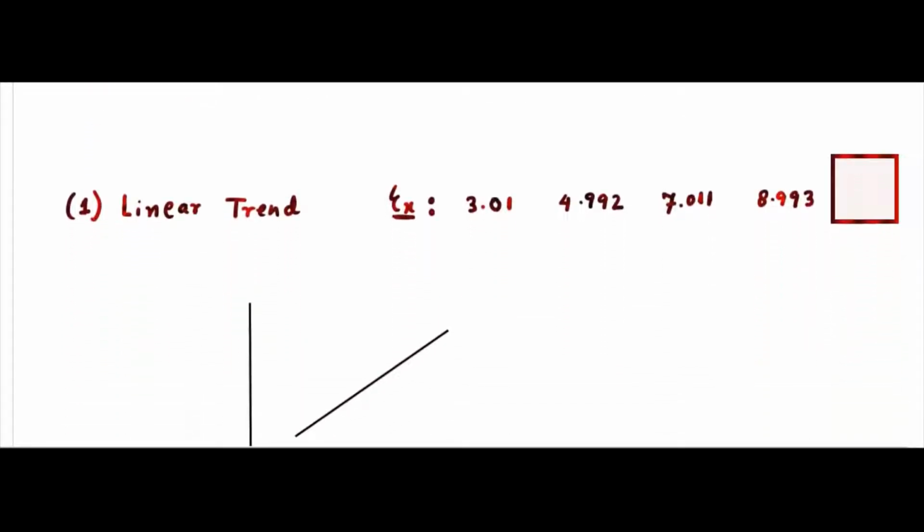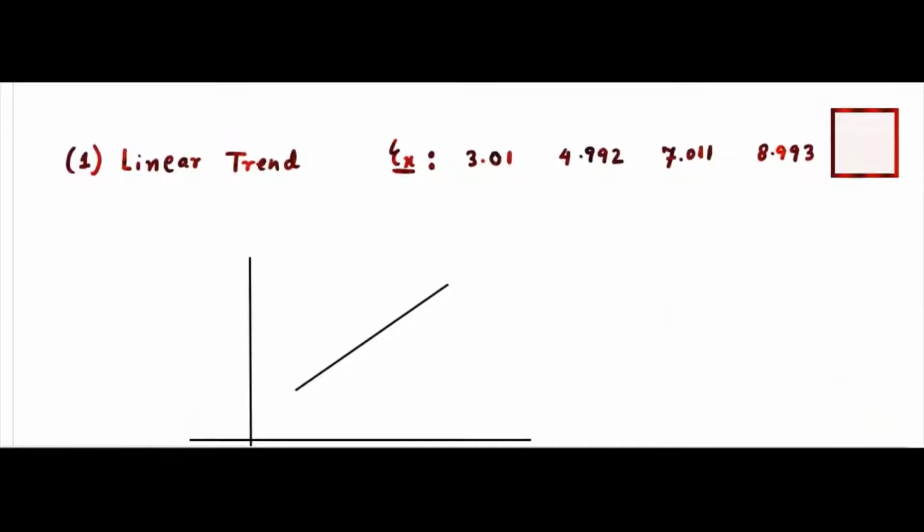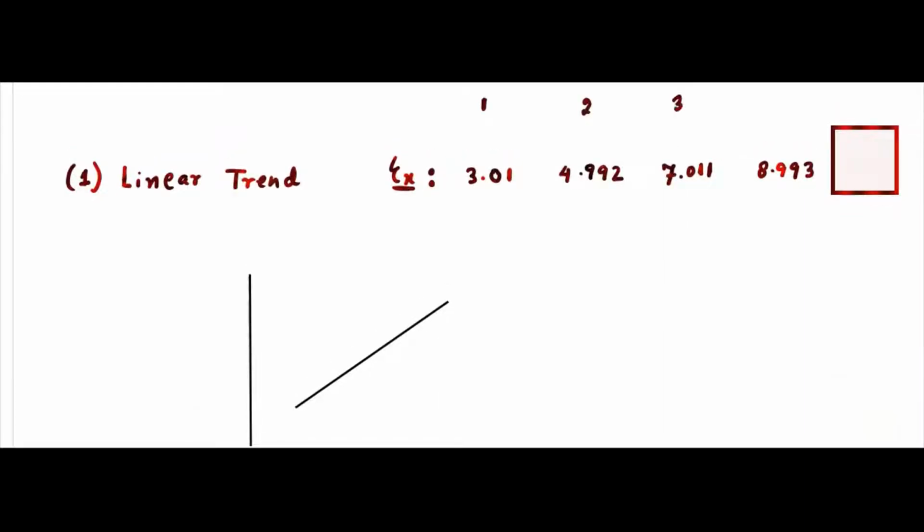So when we say linear trend, suppose you get data in this form, time 4, we know the values. Suppose you want to predict for December. December is 5.